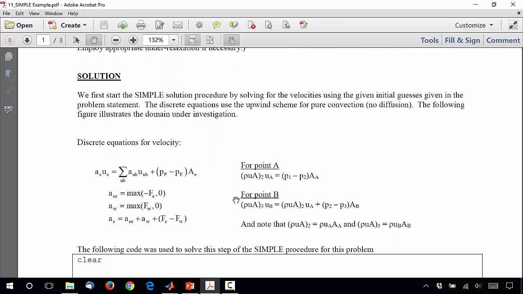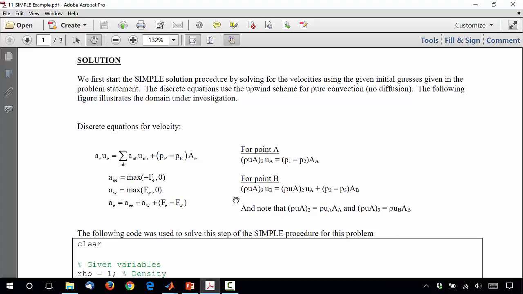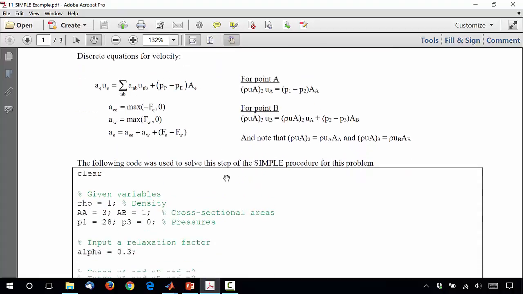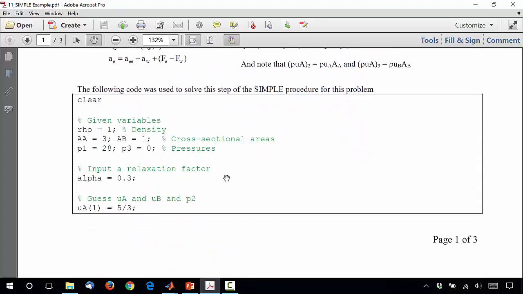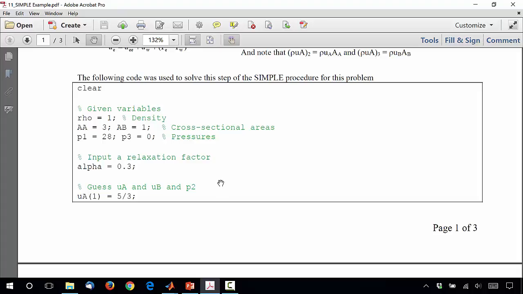So we start by developing the SIMPLE algorithm for this. We're doing this for each point in terms of the velocity, and for the pressure as well. Notice we're using an upwind scheme here. And here's some code.